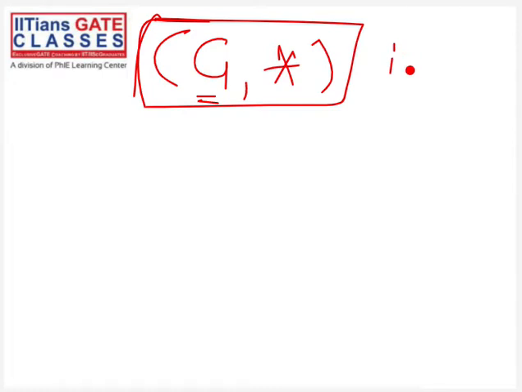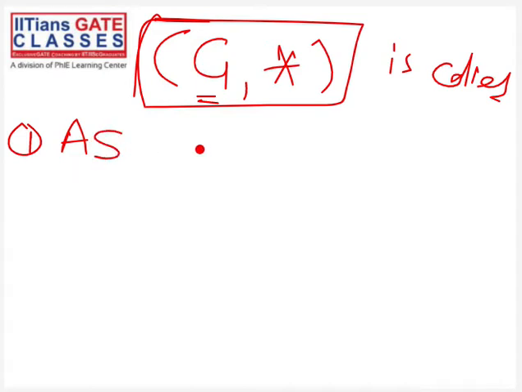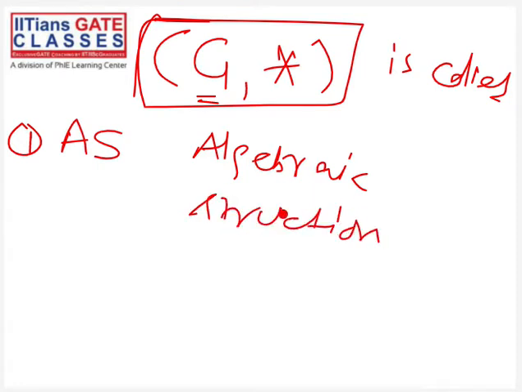Then this pair is called algebraic structure. Okay, whatever is the definition.